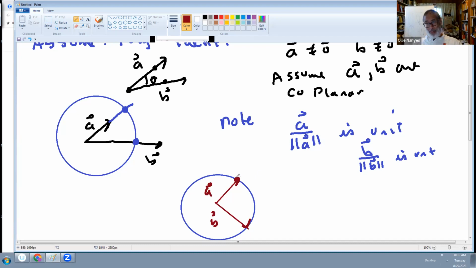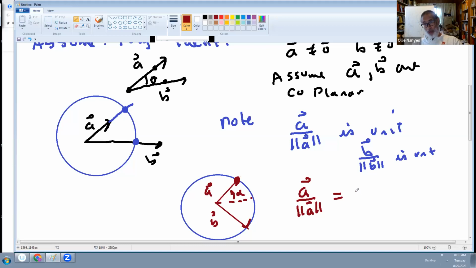Now, because this is on the unit circle, we can write this in trig. So we can now write that A over its magnitude has coordinates. Let's have this be the x-axis, and let's call this angle alpha.